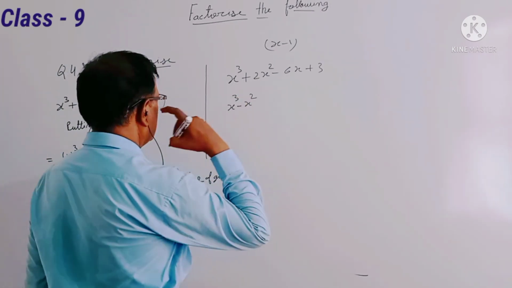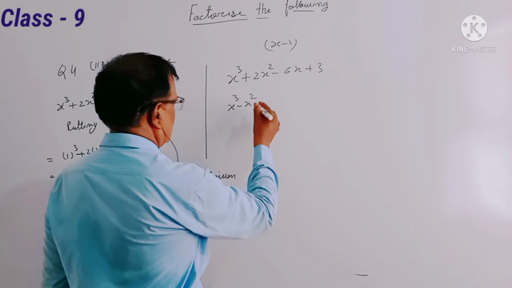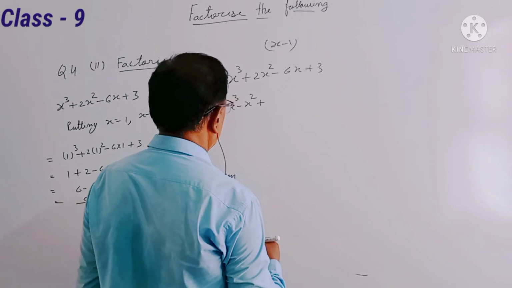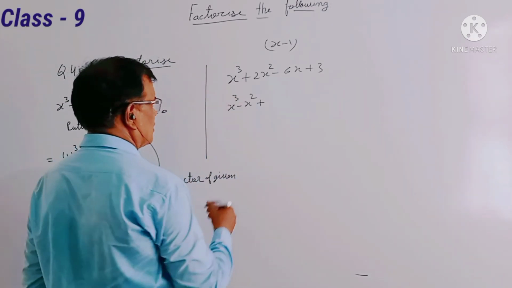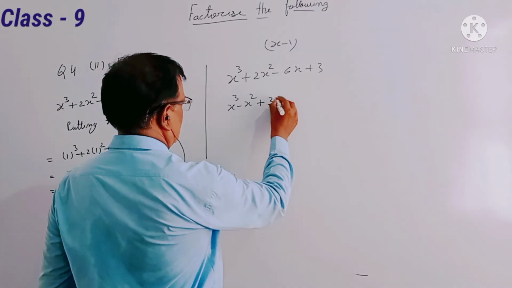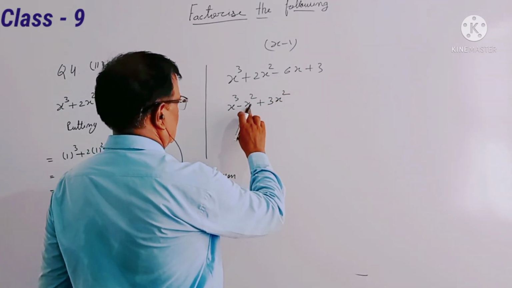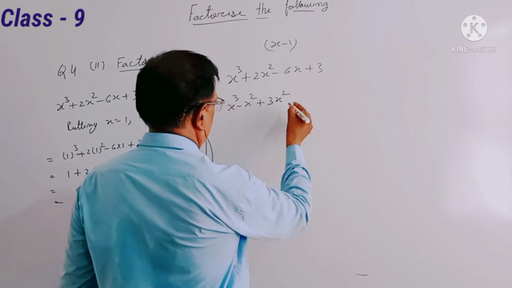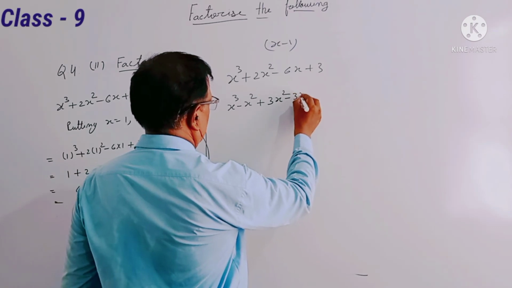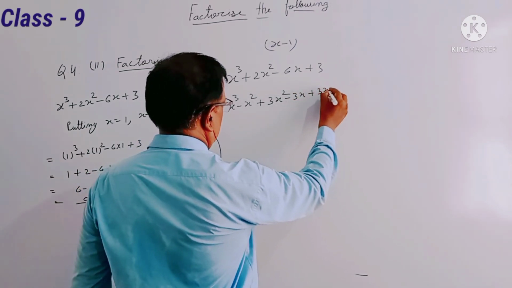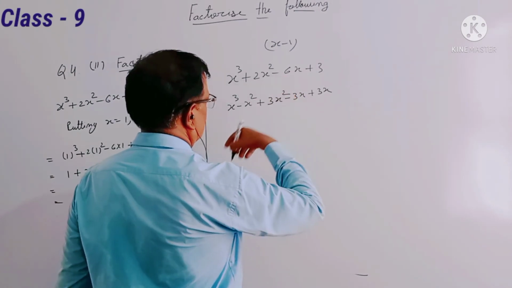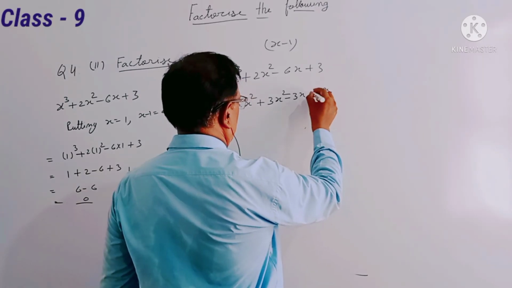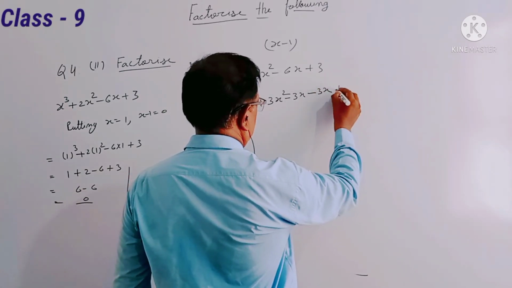X square is not given in the question, so we will complete it. There should be nothing extra and nothing less. We are going to solve the question, not change the question. So if we write here 3x square, then it is subtracted and the value should be 2x square. Now we write here minus 3x. Now 3x remains, here it is 6x, it is written here 3x. Now we write here minus 3x and plus 3.